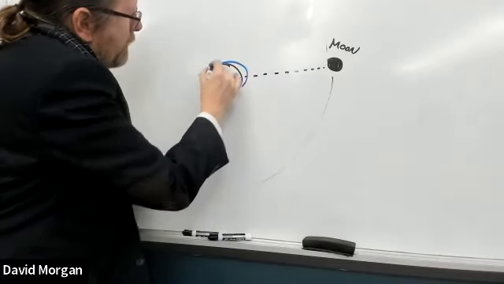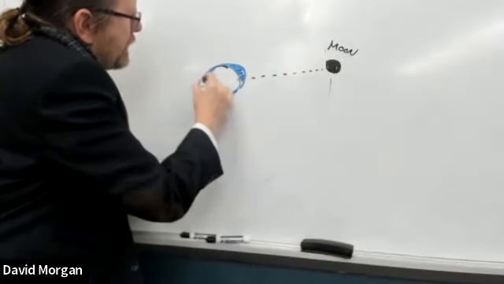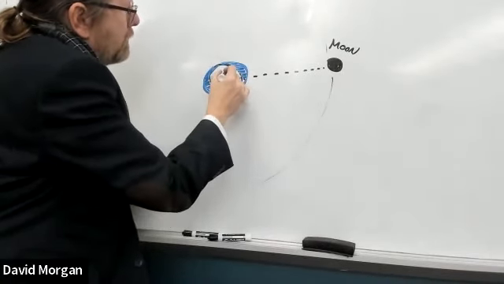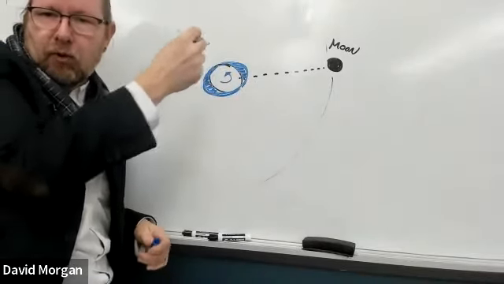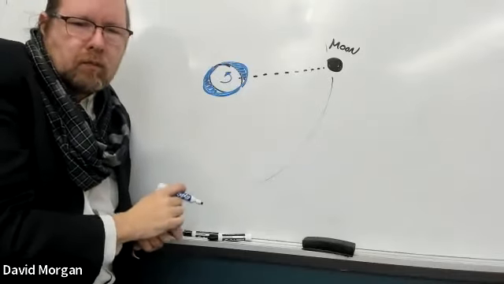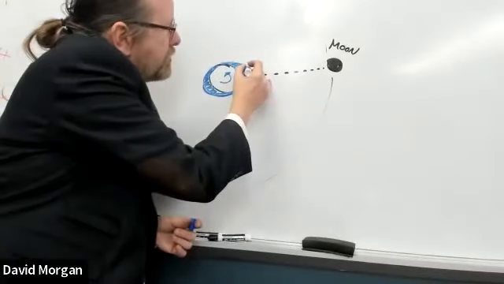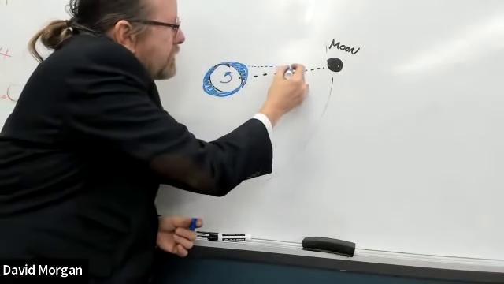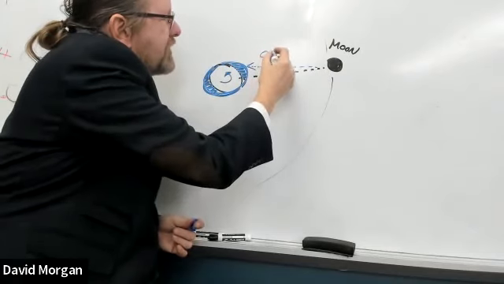And the reason it's a little bit off is because the Earth's rotation pulls the oceans around with it. Imagine we're looking down on the Earth from the North Pole, so we're above the North Pole looking down. Because this bulge is a little bit off, this bulge exerts a gravitational pull on the moon that is off center.